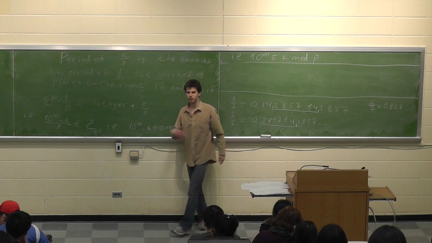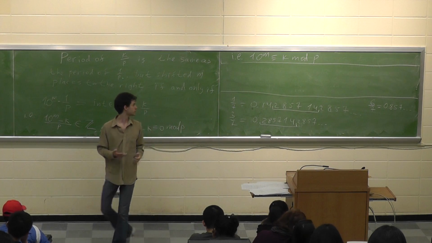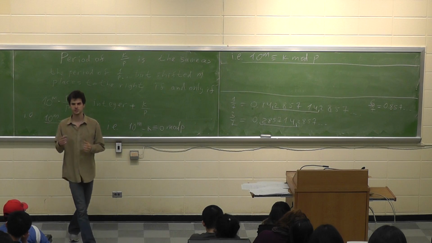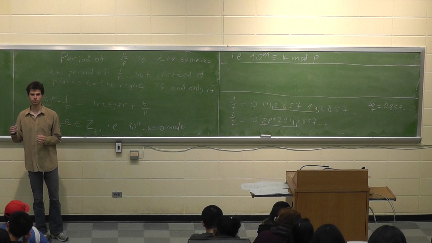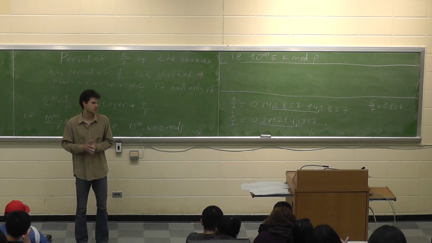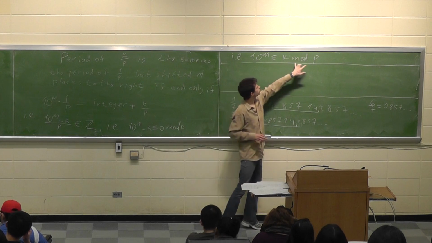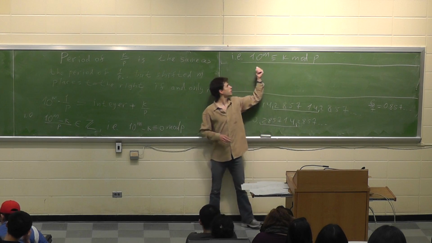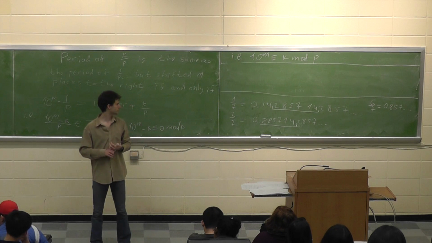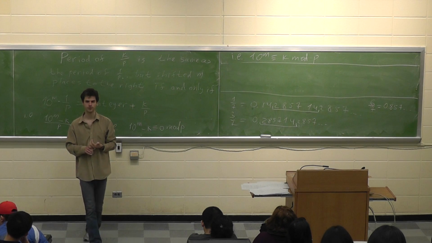So now, how would you formulate the condition that for any k, k over p has the same period as 1 over p but shifted several places to the right? Well, this is the same as saying every k modulo p is some power of 10. So what is a short way to say the same phrase?